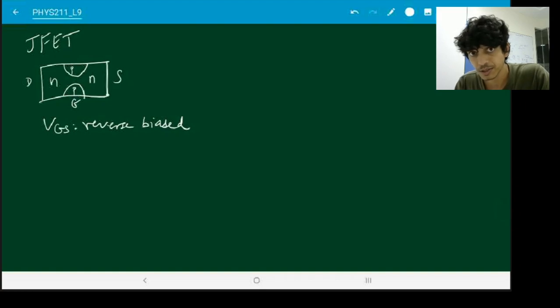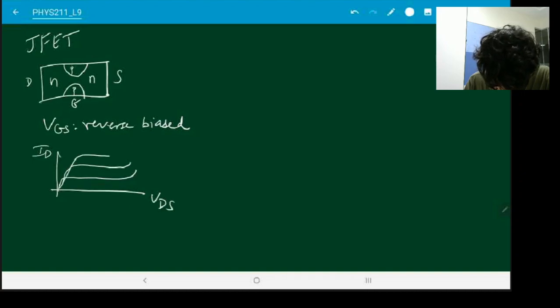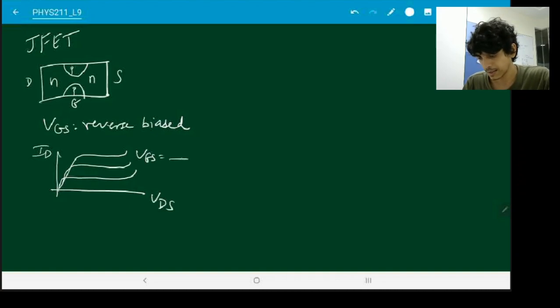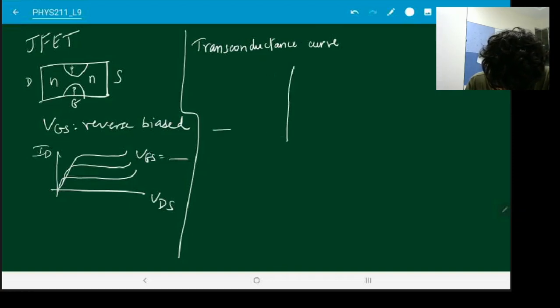We looked at the drain curves, which is the ID versus VDS characteristics for various values of VGS. And then we looked at what is called the transconductance curve, which is the graph of VGS versus ID.